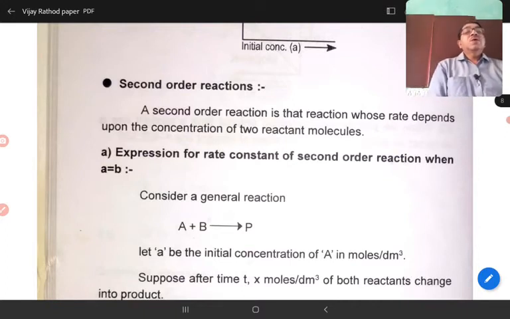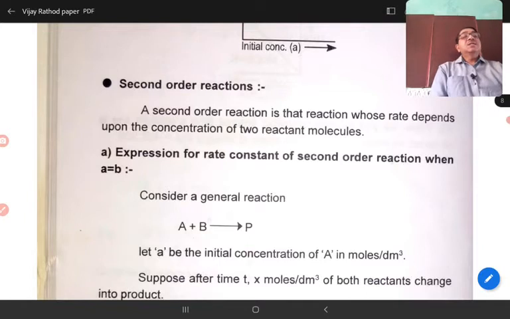Now, a second order reaction is that reaction whose rate depends upon the concentration of two reactant molecules. Means in the first order reaction we have seen the concentration does not affect the reaction rate, but here when we consider the second order reaction, we have to think about two conditions.